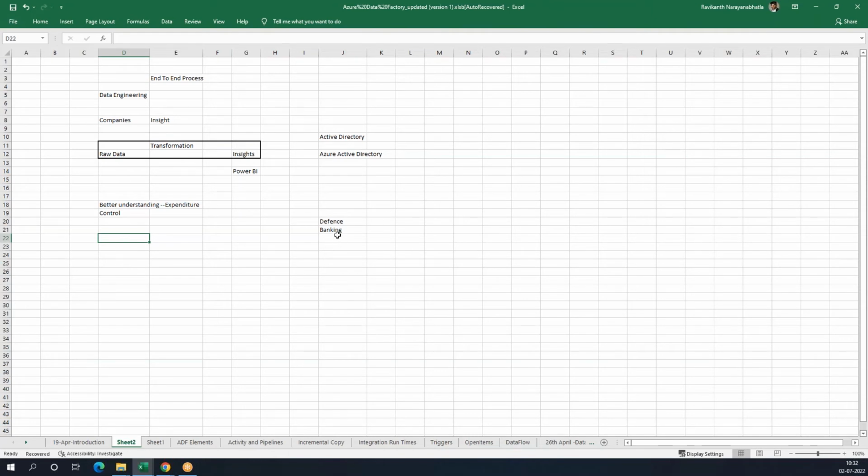And so they are extracting that raw data and dumping it into something called data lakes. So now people are having something called data lakes.